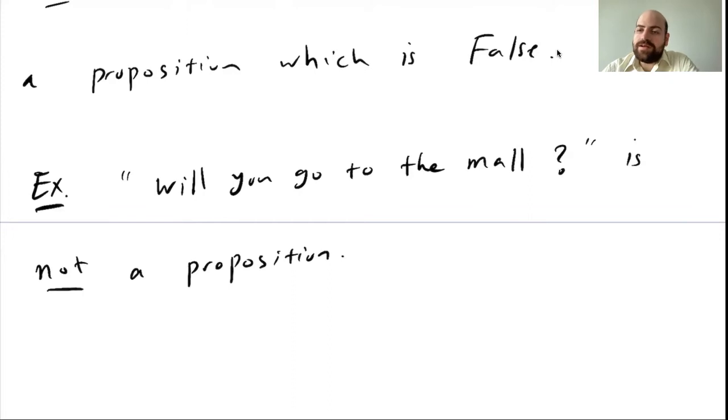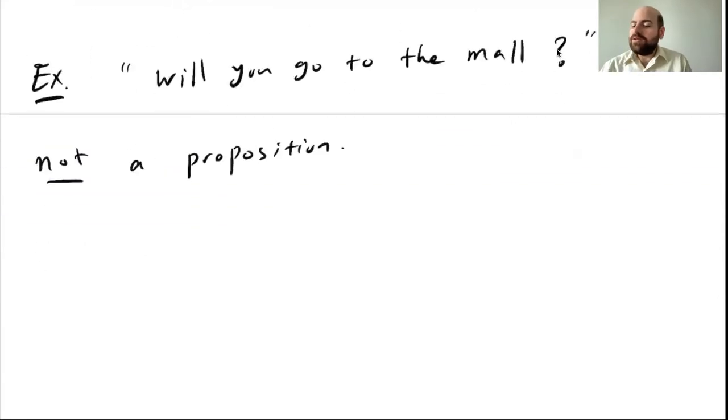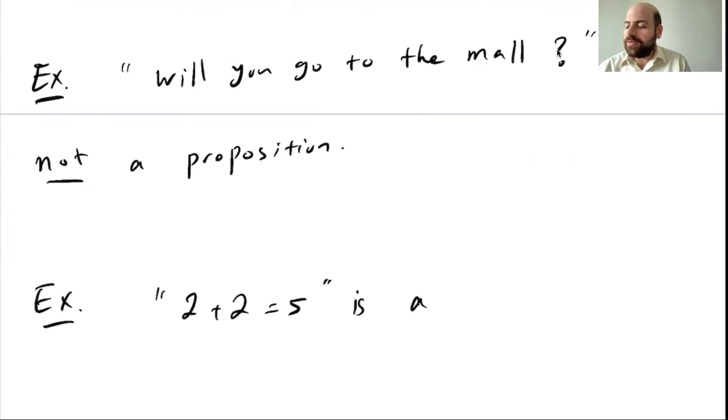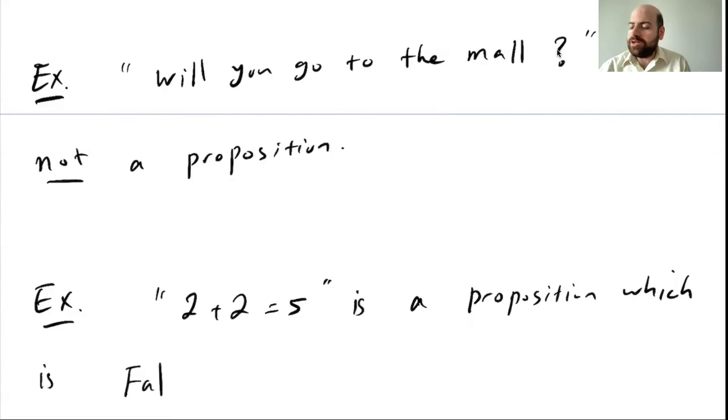These examples are not mathematical, but we can of course consider mathematical examples as well. So for example, let's say 2 plus 2 equals 5. This is a proposition which is false, right? It still is a proposition, but it's false this time.